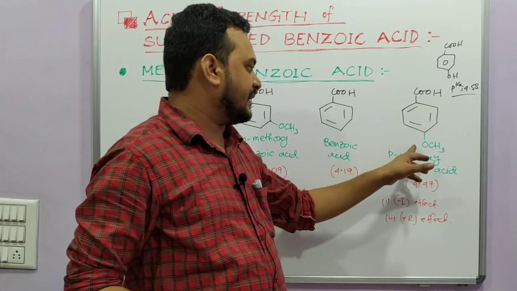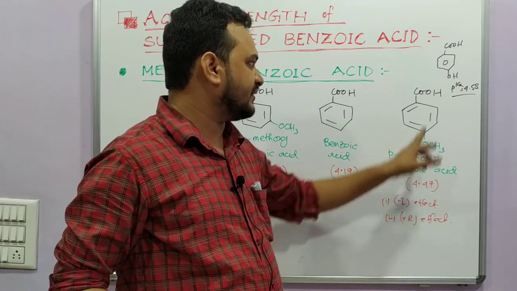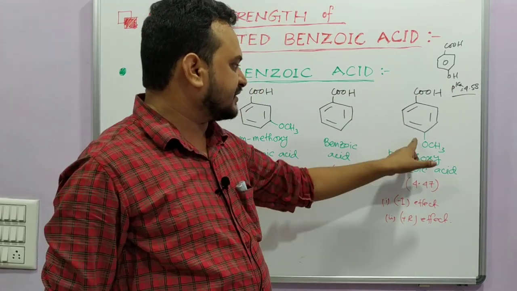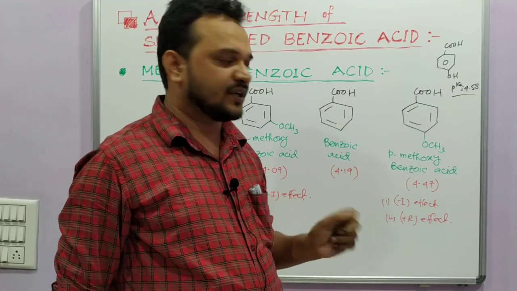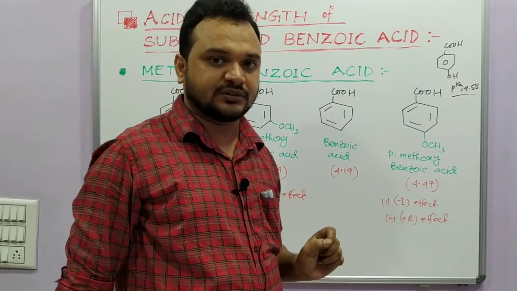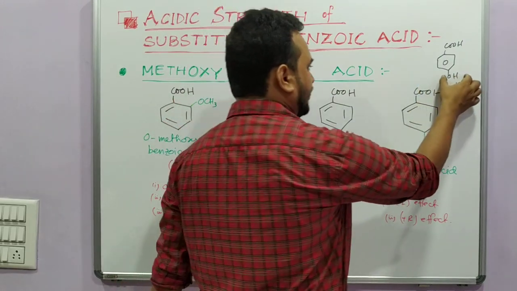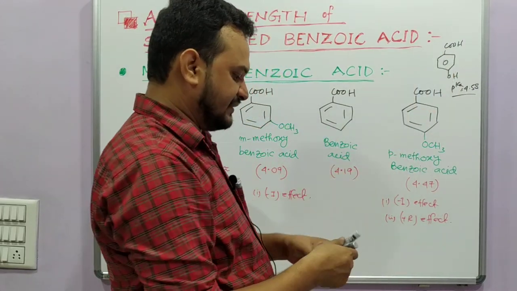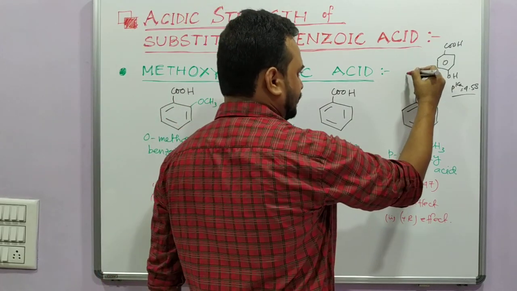So at para position, this methoxy exerts minus I effect, this OH also exerts minus I effect. Again, this exerts plus R effect, this OH also exerts plus R effect, but still paramethoxybenzoic acid is stronger than para-hydroxybenzoic acid. That means this OH group has some extra electron donating effect that is weakening it further, and that effect is nothing but hyperconjugation.